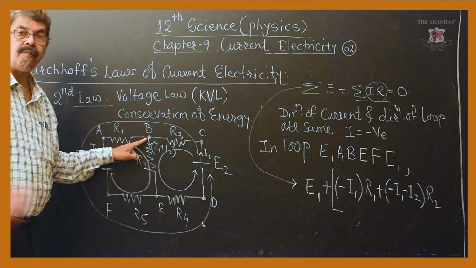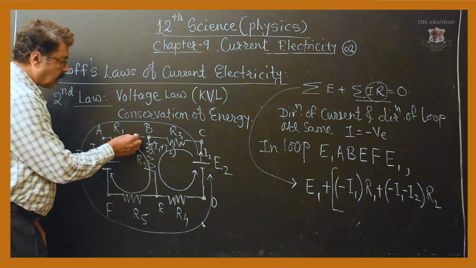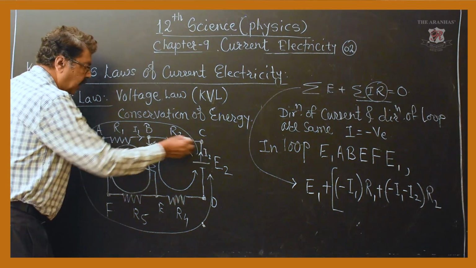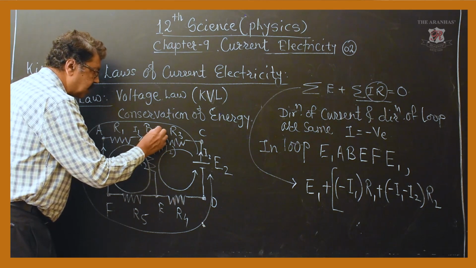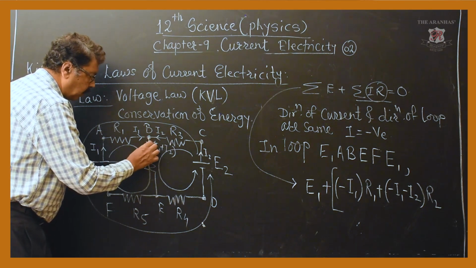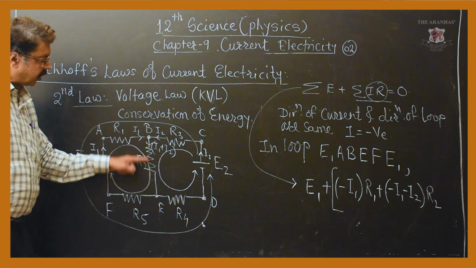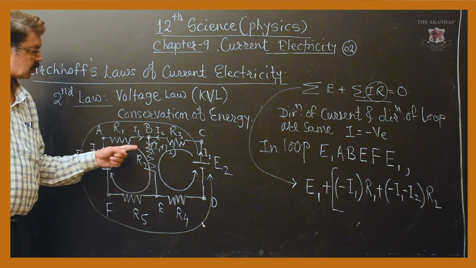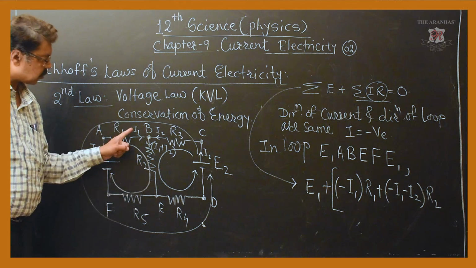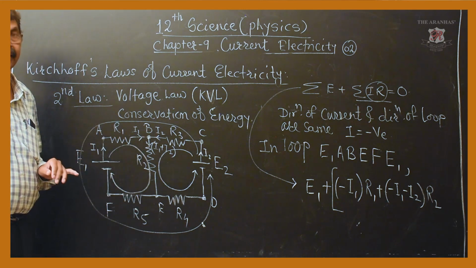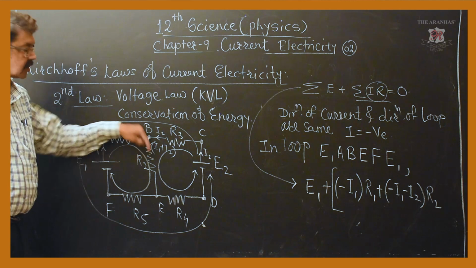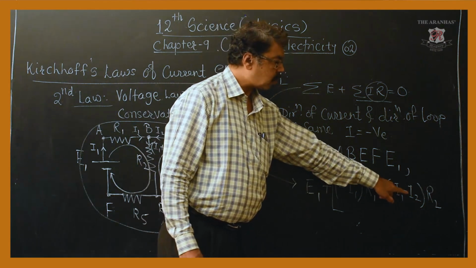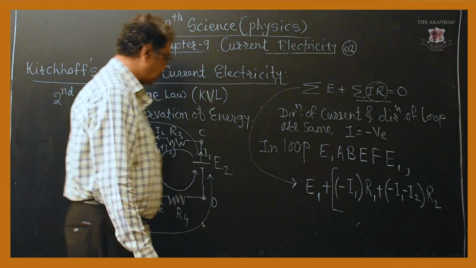Apply Kirchhoff's first law here. Current approaching the node from this side is I1. Current approaching the node from this side is I2. Therefore, the current leaving the node must be equal to the sum of the currents entering. So, the current through this path is I1 plus I2. But it is in the direction of the loop, therefore I have taken both the currents as negative.